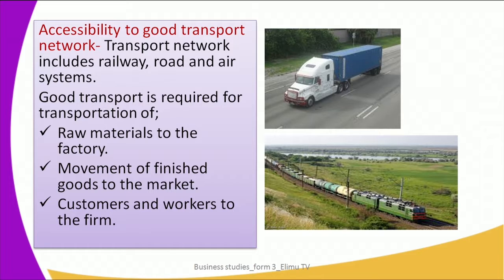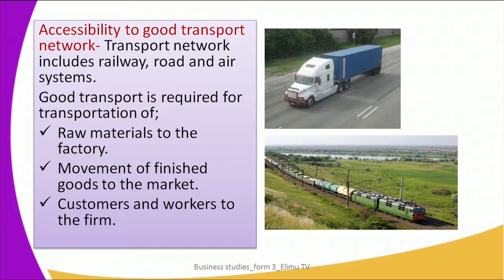Transportation is also important for the movement of finished goods to the market. Remember, after goods have been produced, they have to be taken through transportation to the various destinations where the consumers can reach them and therefore buy them, so that production in the factory can continue.